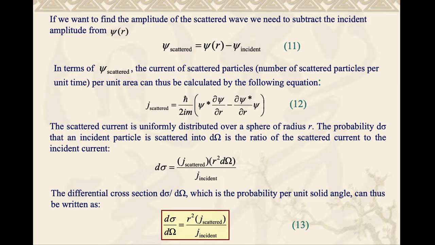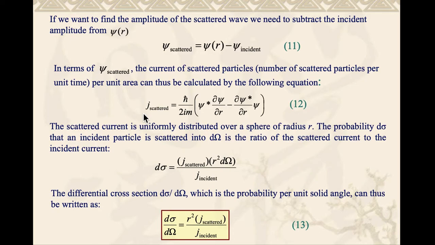So, in unit time, how many particles are scattered through a point? You can consider it as a scattered current, or current of scattered particles.